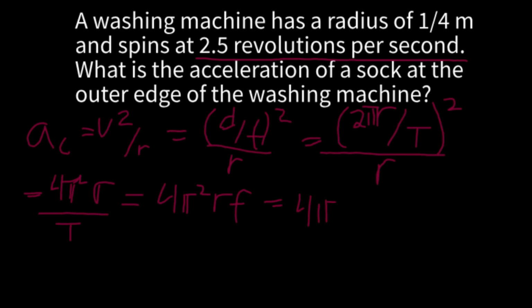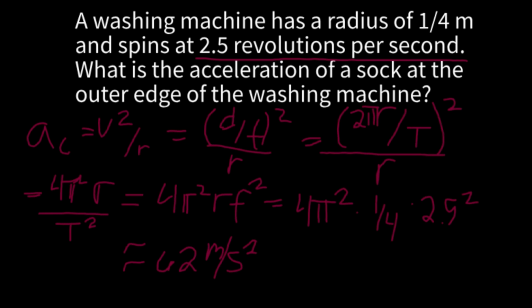So plug in numbers to get 4 pi squared times 1/4, times 2.5 squared, and you will get about 62 meters per second squared. So that is the centripetal acceleration of a sock at the outer edge of this particular washing machine.